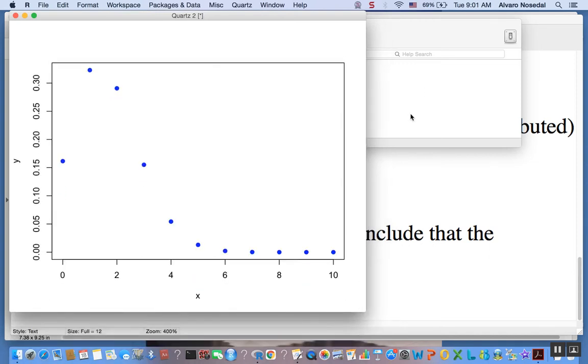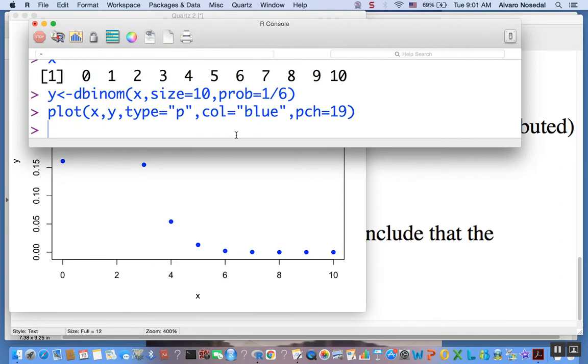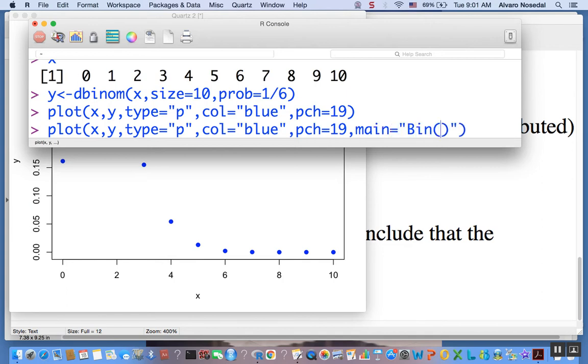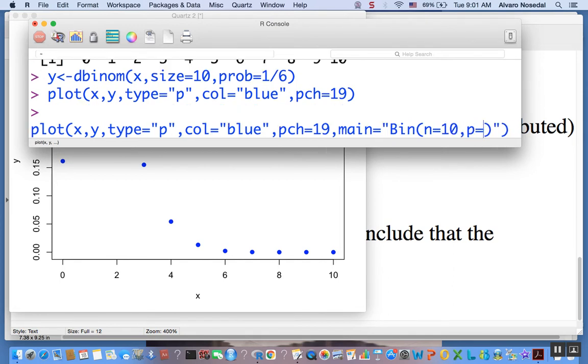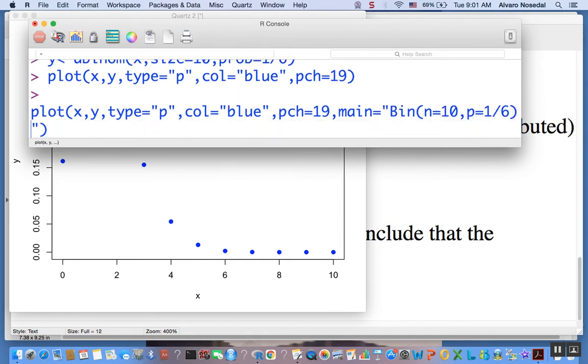So that's a binomial with parameters n equals 10 and p equals 1 over 6. We could add a main title that goes like this: main, binomial n equals 10, p equals 1 over 6.